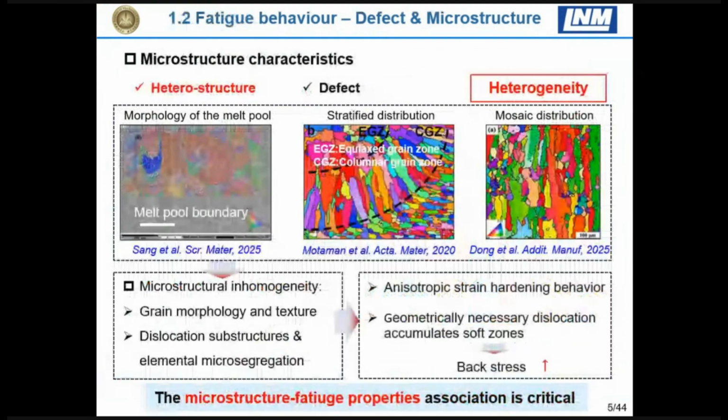So the question raised is that, on one hand, there is the engineering application of this technology, and on the other hand, it's difficult to predict. The microstructure is also very complicated, with the melting pool microstructure, anisotropic equiaxed grain size together with laminar microstructure grain size, and some defects like lack-of-fusion that coexist and affect dislocation movement and also fatigue lifetime.